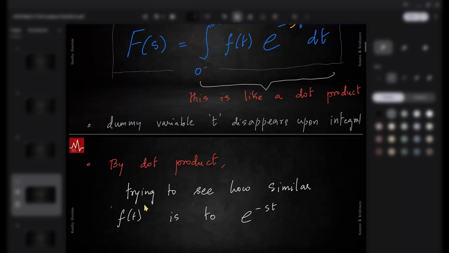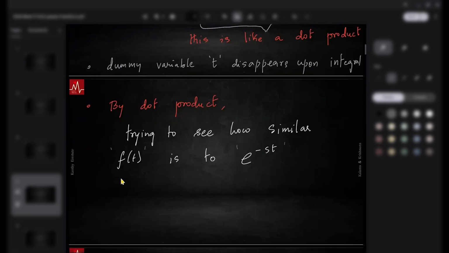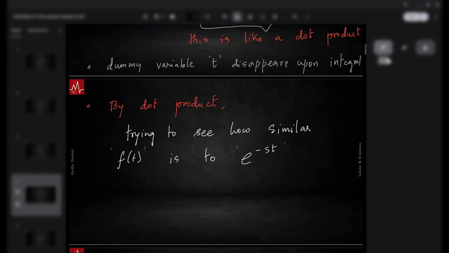Take any function, how similar it is to this function. For example, in Fourier transform, we check how similar things are to sinusoids, sines and cosines. Let me also write that down.